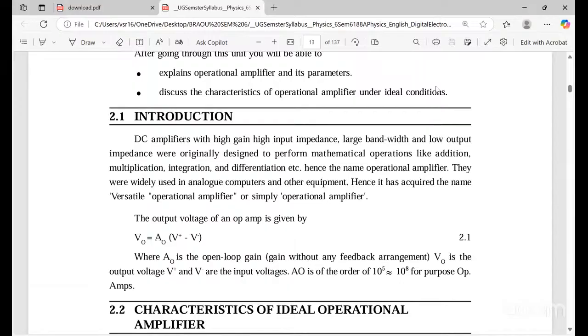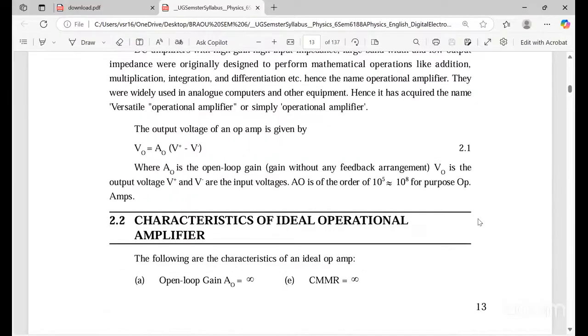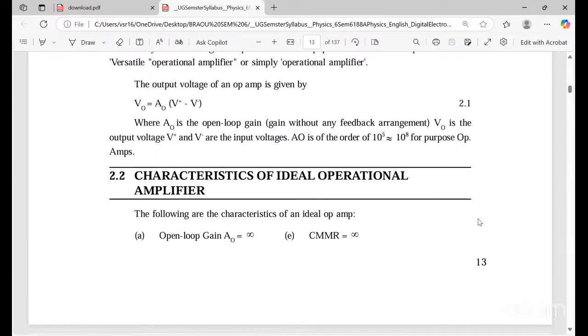Simply op-amp, operational amp. So what is the output voltage? V naught equals A naught into (V plus minus V minus). What is A naught? A naught is the open loop gain, open loop meaning without feedback. What do you mean by feedback?